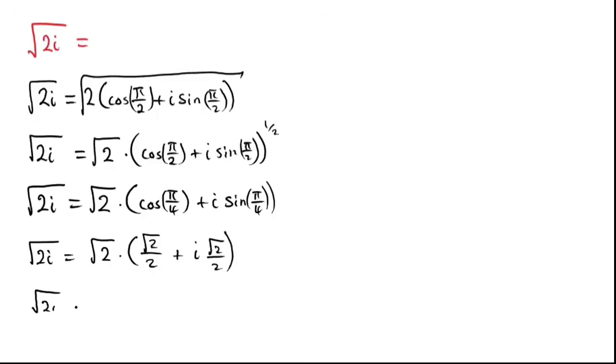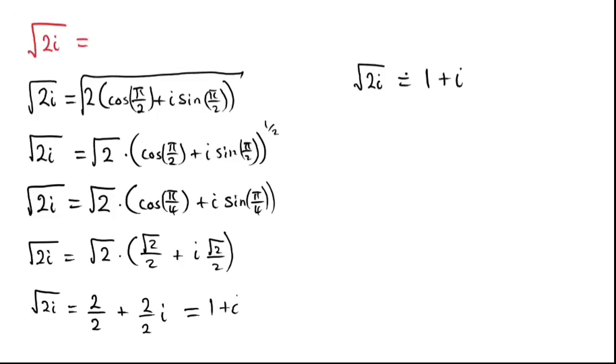So the square root of 2i is equal to root 2 times root 2 over 2, which is simply 2 divided by 2. Same thing here, 2 divided by 2, i. So this is equal to 1 plus i. This means that the square root of 2i is equal to 1 plus i.